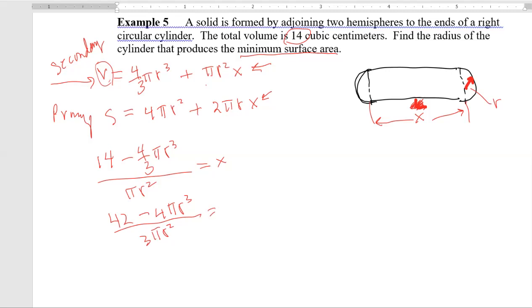So that's x. And if you put all that into this function, you'll get s is 4 pi r squared plus 2 pi r times this 42 minus 4 pi r cubed over 3 pi r squared.